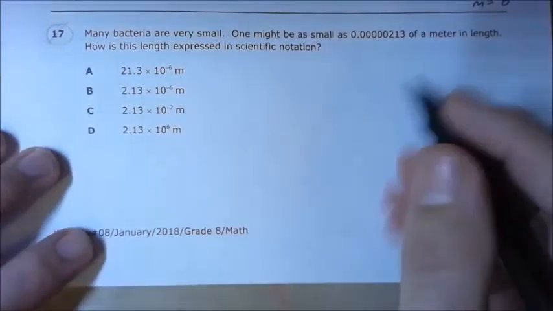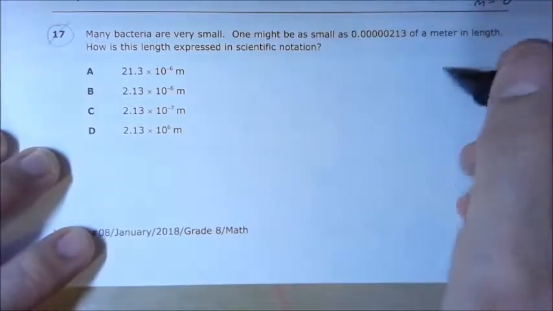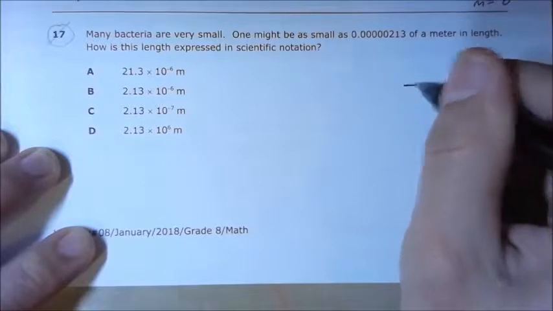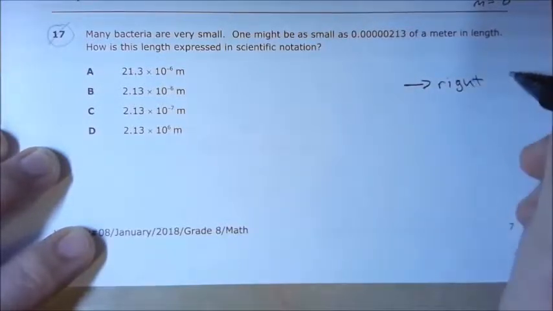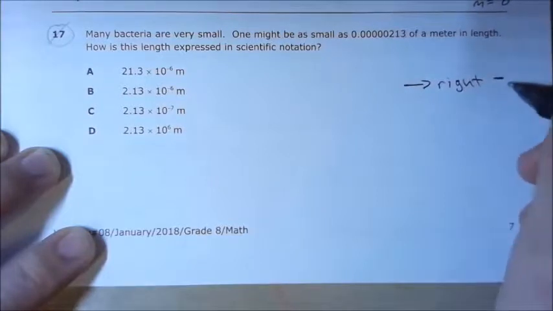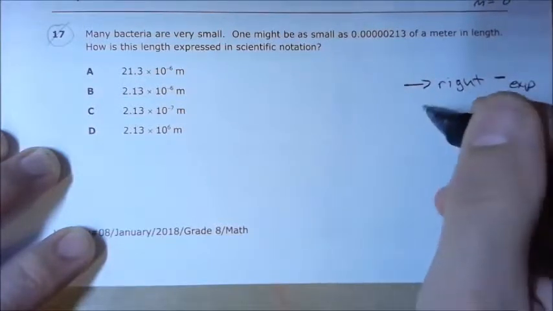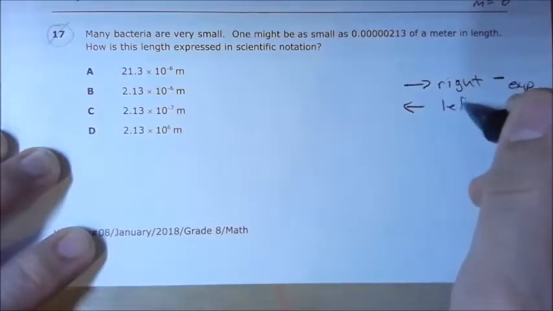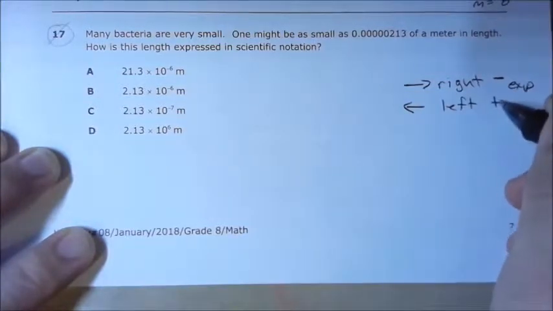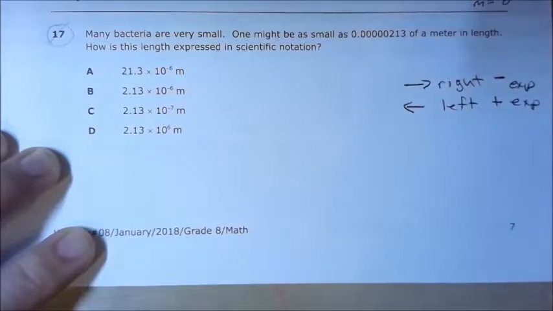Well, in scientific notation, the way this works is whenever you move your decimal to the right, it gives you a negative exponent. Whenever you move your decimal to the left to make a change, it gives you a positive exponent.